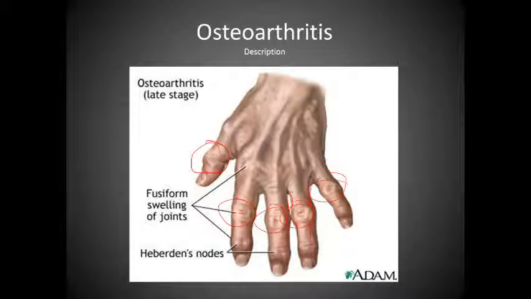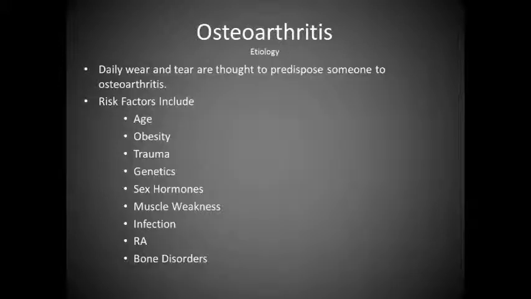We can see it ballooning out here. That's typical for osteoarthritis, although rheumatoid is much more common for the hands.